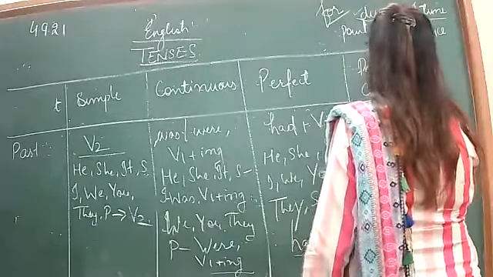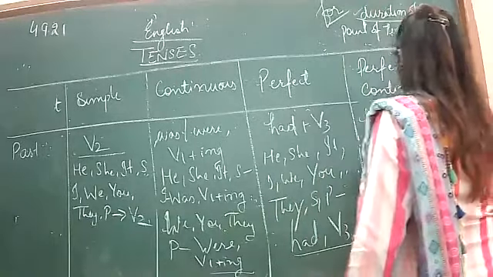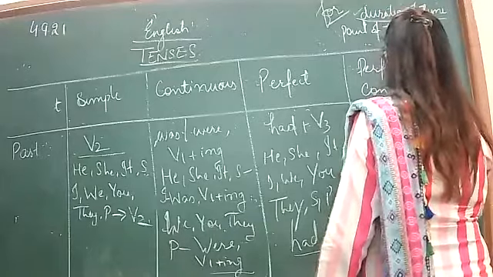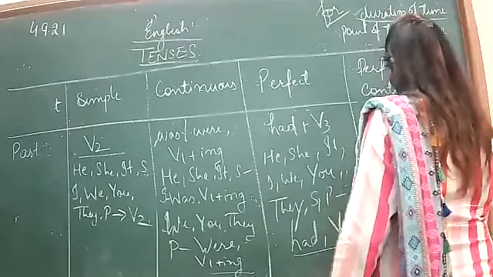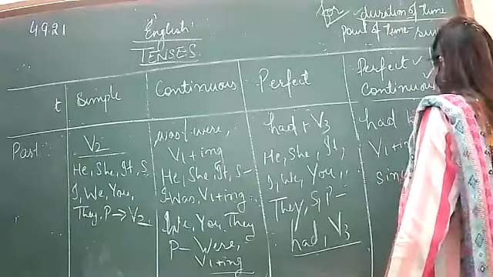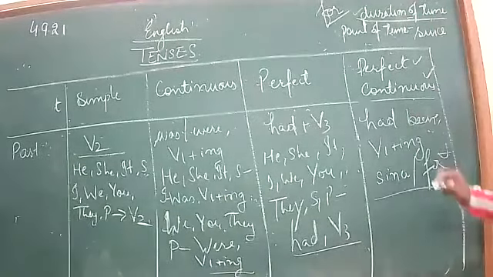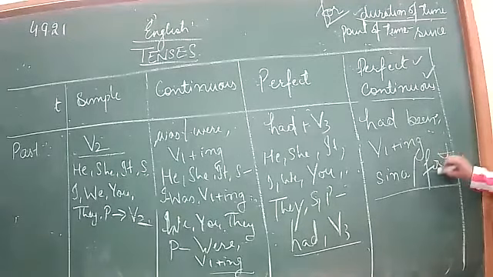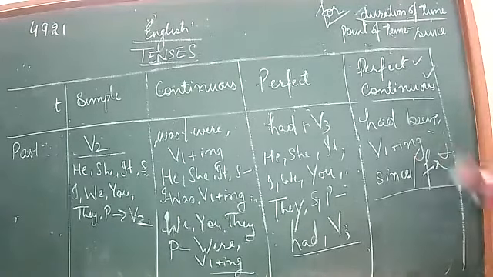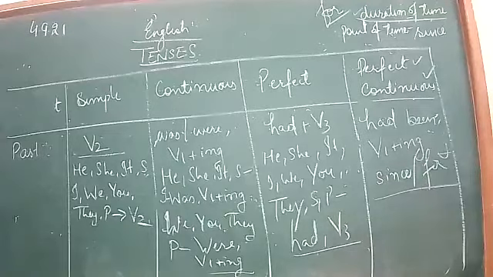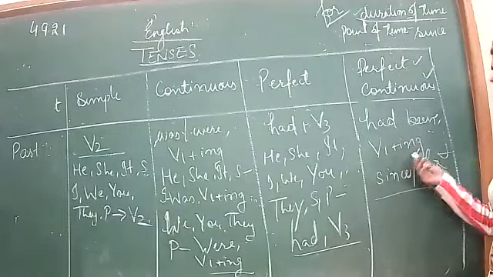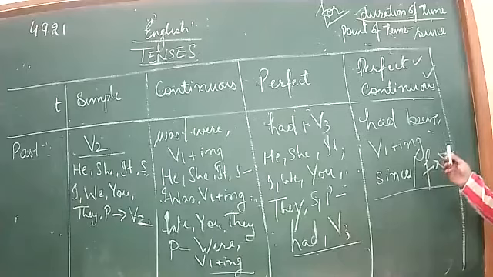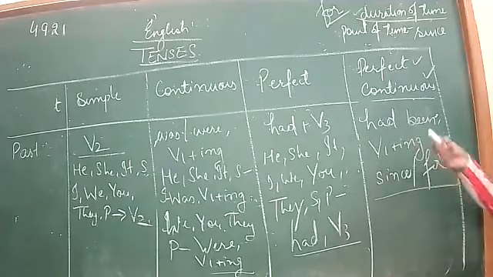Had been, verb first form plus ing, and since and for. So with he, she, it, singular, I, we, you, they, with all you are using only had.